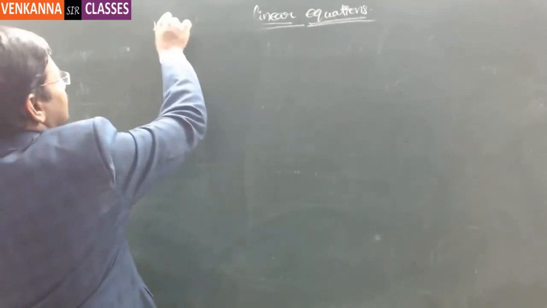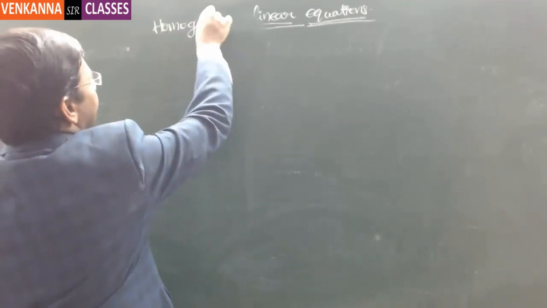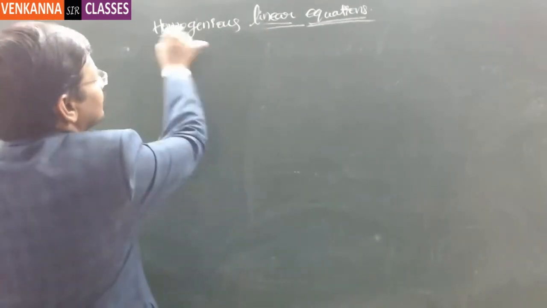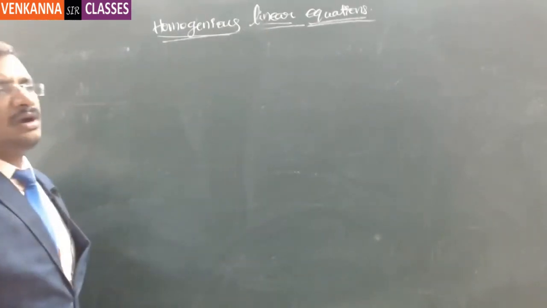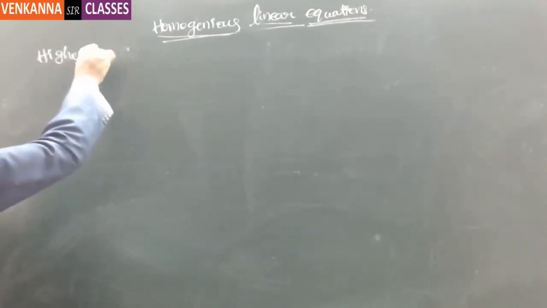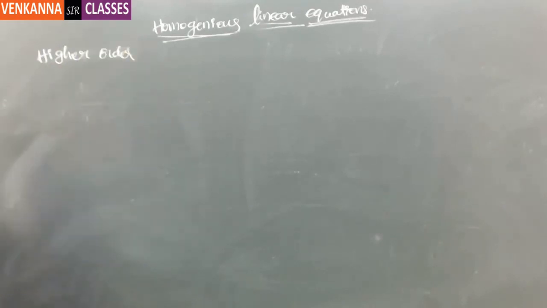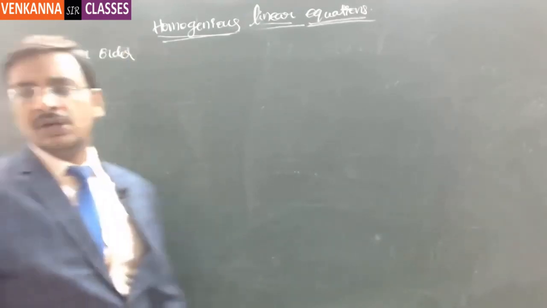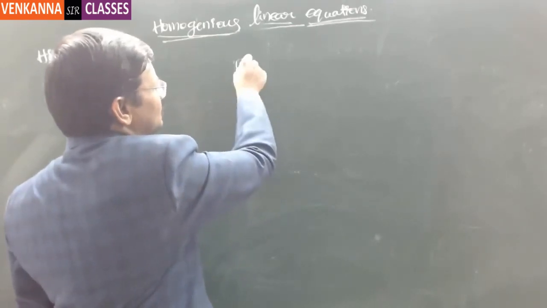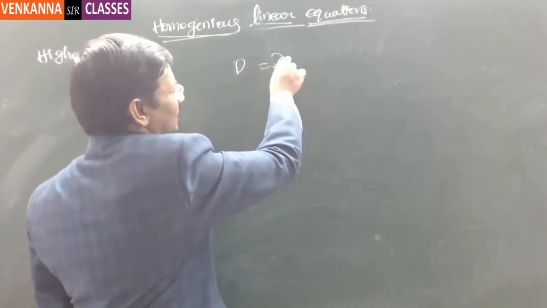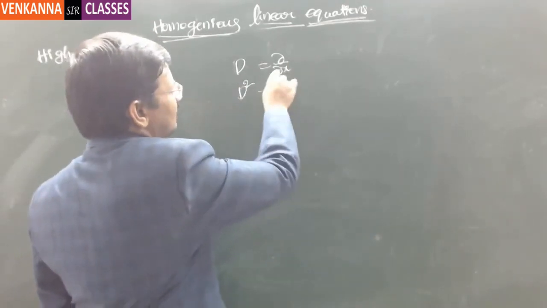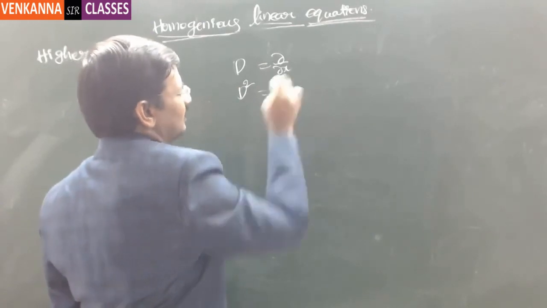So homogeneous linear equations, right? Homogeneous linear equations. Now usually we will be discussing only higher order. In this, the standard terminology that we are going to adopt is, capital D is usually represented for dou by dou x. And then D square is used for dou square by dou x square.